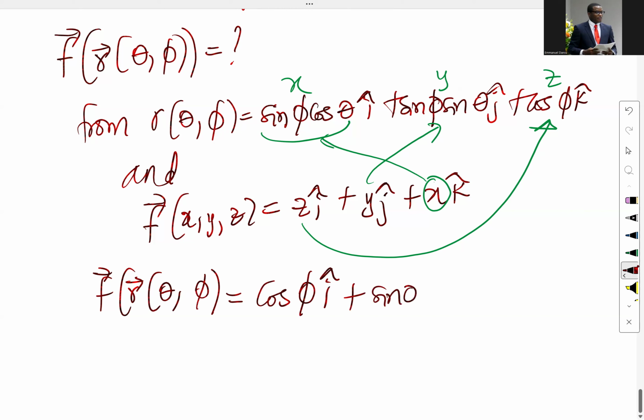So we have sine phi sin theta j. And x, for x now we have plus sine phi cos theta in the direction of k. So that is the fourth step, which is about evaluating the vector field on the surface. So that is how that goes.